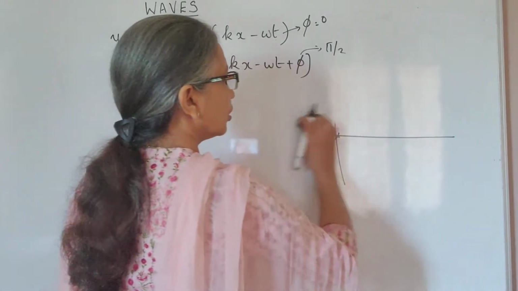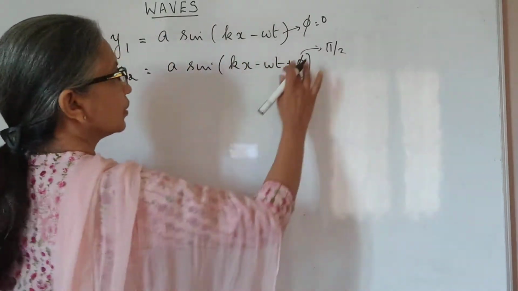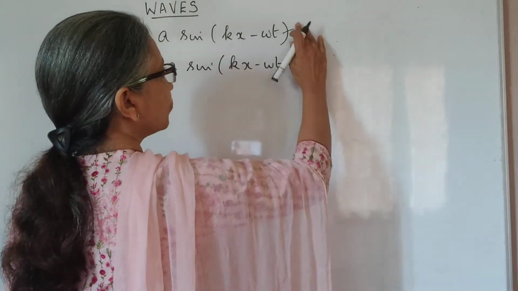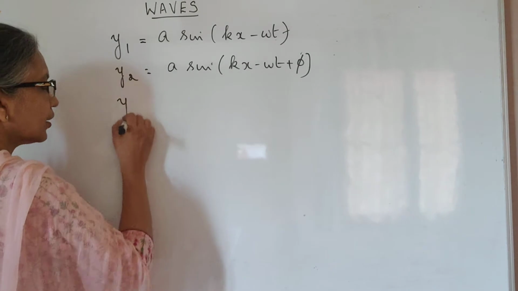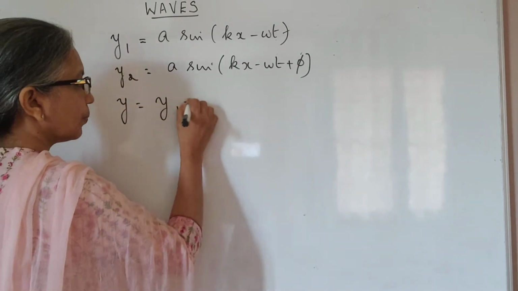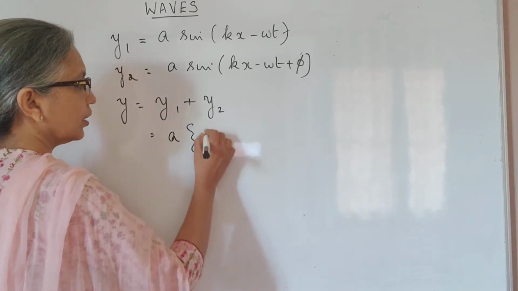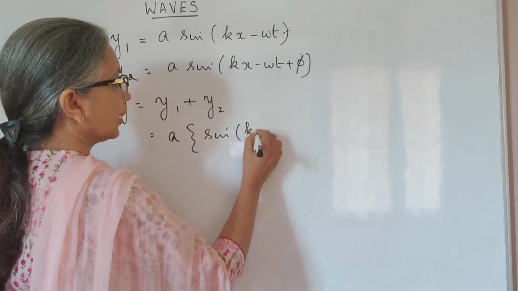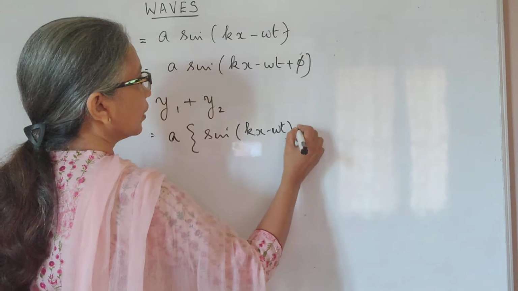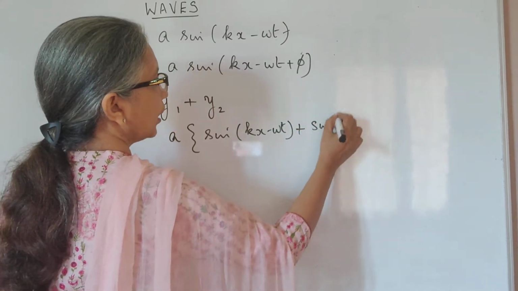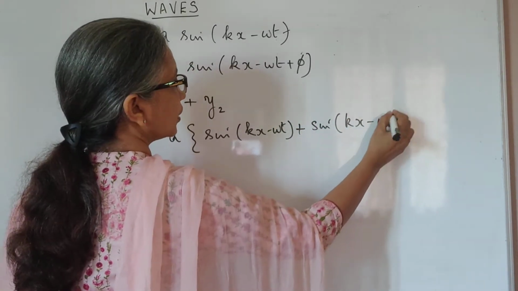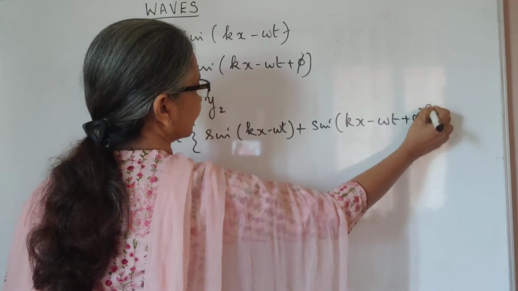This is just an example. The superposition principle says the net displacement produced is going to be y1 plus y2, which means I can take the A common outside: A[sin(kx - ωt) + sin(kx - ωt + φ)].